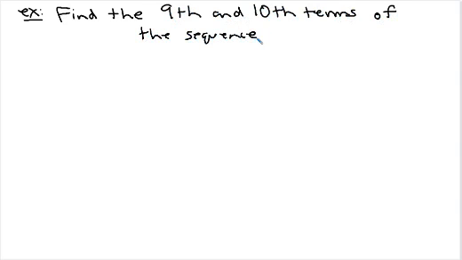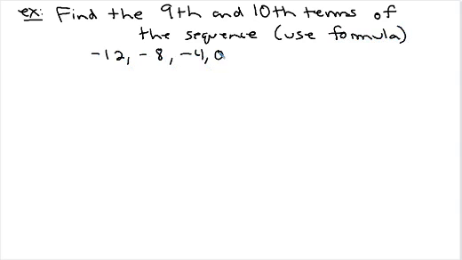All right, and I do want you to use the formula. So here's my sequence, negative 12, negative 8, negative 4, and 0. I want you to find the 9th and 10th terms using the formula.